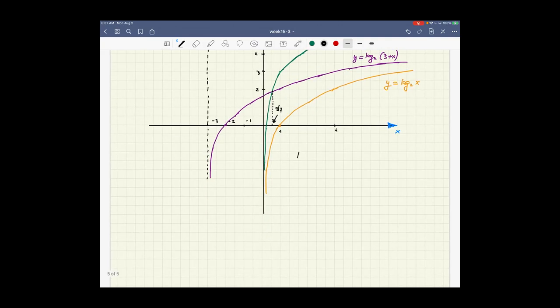So we can confirm that these two resulting graphs do intersect at the point consistent with the previous solution, x equals 3/7.